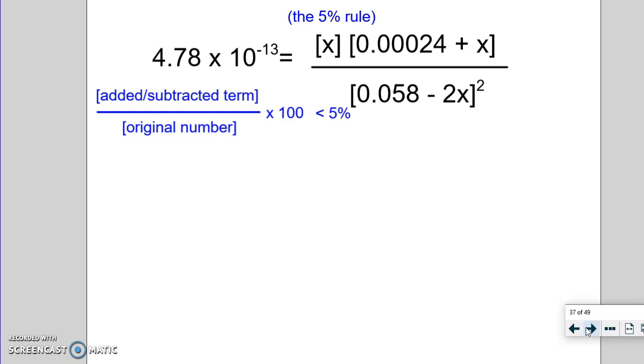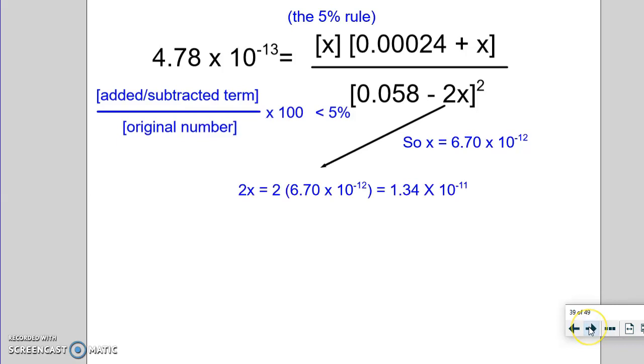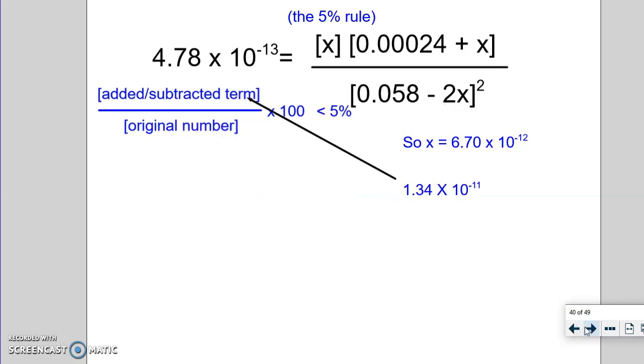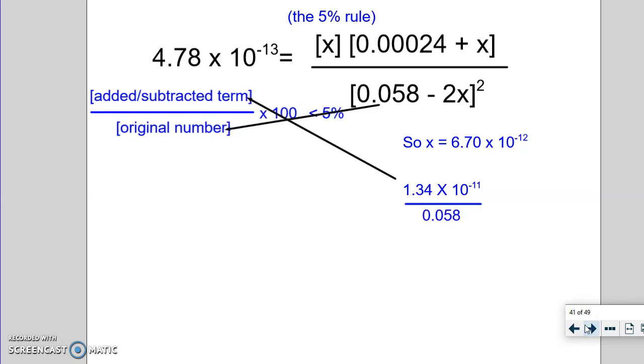Here's the general idea. The added or subtracted term divided by the original number that it would have been added or subtracted from, times 100, needs to be less than 5%. Our x value that we calculated was 6.7 times 10 to the -12th. So 2x is 1.34 times 10 to the -11th, and that is our added or subtracted term. The original number was 0.058.